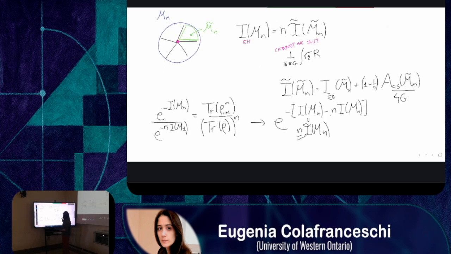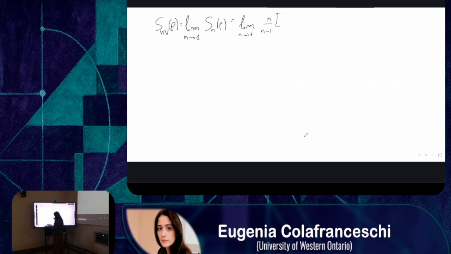Okay, so let me also write again the von Neumann entropy is the limit for n that goes to 1 of the Renyi entropy of order n, and what we have just seen is that this is given by, there is actually n that I can take out from here, and I put it here.